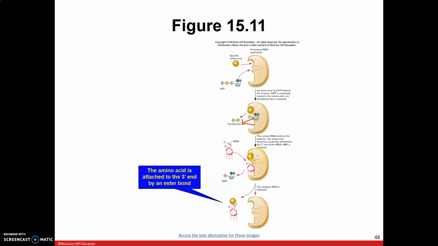Now you have an amino acid carrying a phosphate. When the AMP is kicked out, the appropriate transfer RNA fits into the space because you have a matching of the codon and the anticodon right here. When that happens, the transfer RNA, the phosphate is cleaved, and actually the phosphate leaves with the AMP, and then you have the charged amino acid.